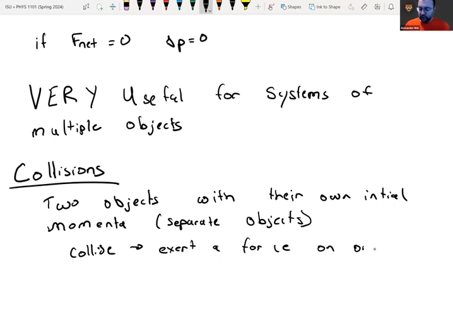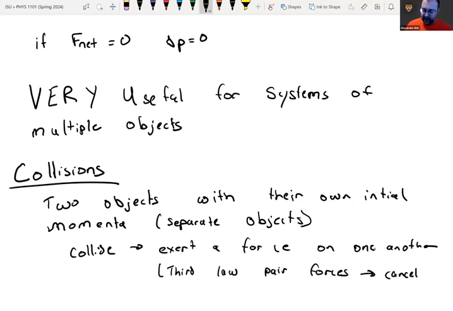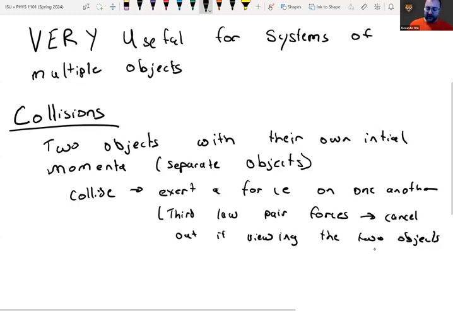But that force that one object exerts on the other, those are third law pair forces, which means that they will cancel out if viewing the two objects as a combined system.